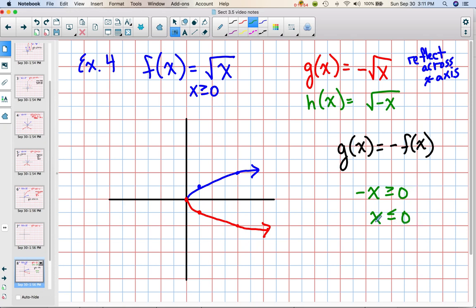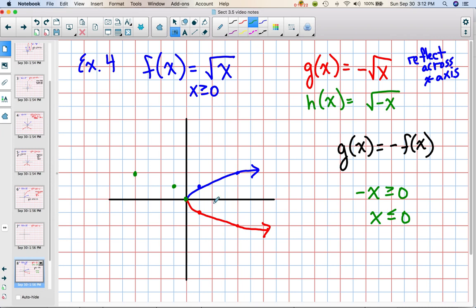So we're going to see that the values of x, this just means x is negative. So what's going to happen if x is 0, it's still going to be 0. If x is -1, then the opposite of a -1 is +1. The square root of that would be 1. If x were -4, then you would have the opposite of -4 is +4, and the square root would be 2.